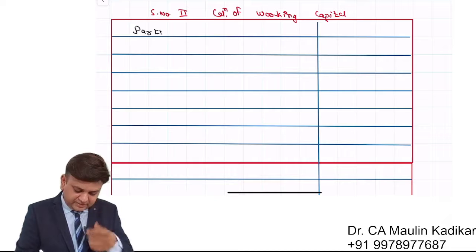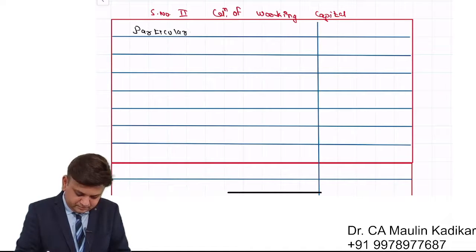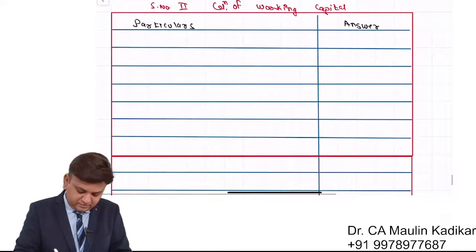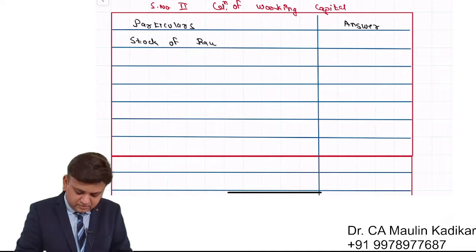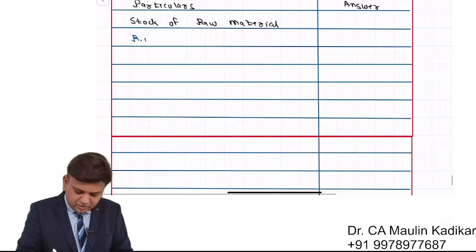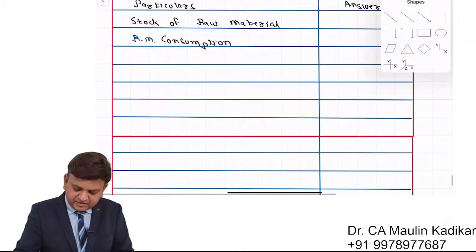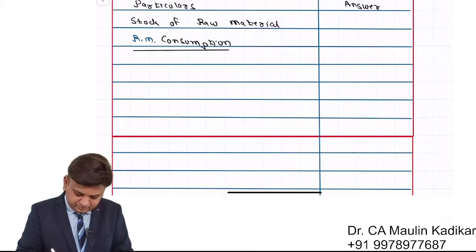In calculation of the working capital, we will have stock of raw material. It is raw material consumption divided by 12 months into raw material holding period.